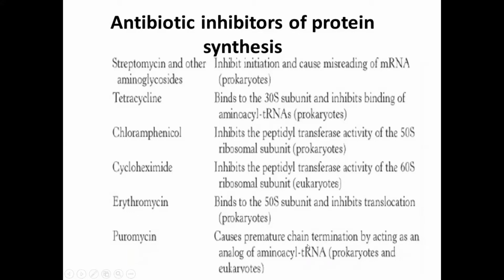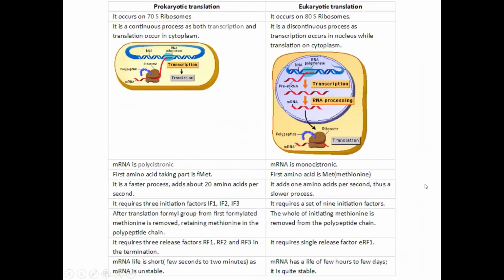The peptidyl group transfer also takes place, but now this peptide chain remains tightly bound to puromycin. So protein synthesis further will not take place. That is how inhibition by puromycin happens. So these are a few examples of drugs which inhibit protein synthesis.